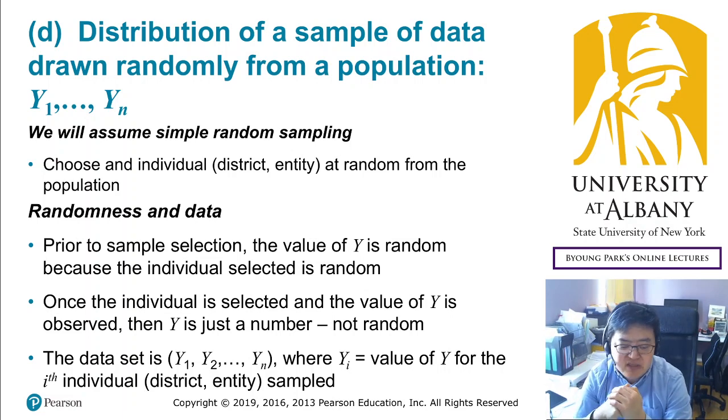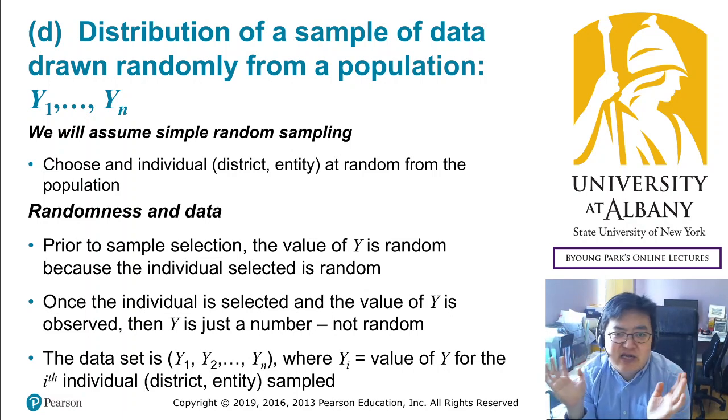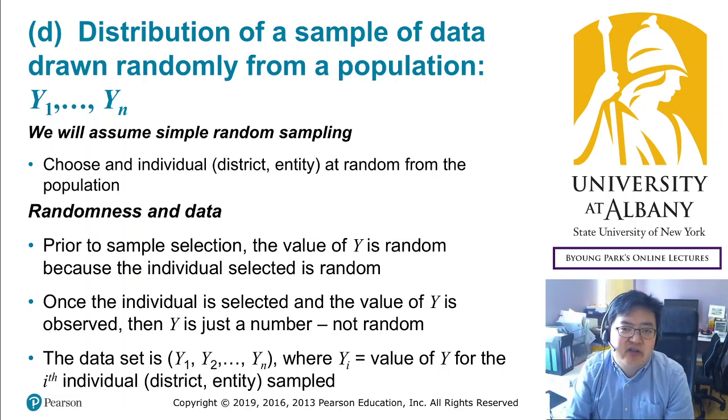However, the problem here is all of these are based on the assumption that you observe an infinite number of observations. But that does not happen. You never have an infinite number of observations. Or as I said, if you have, you don't need to learn statistics. There is no room for statistics if you have perfect observations.